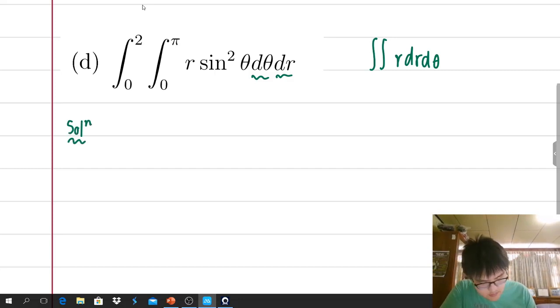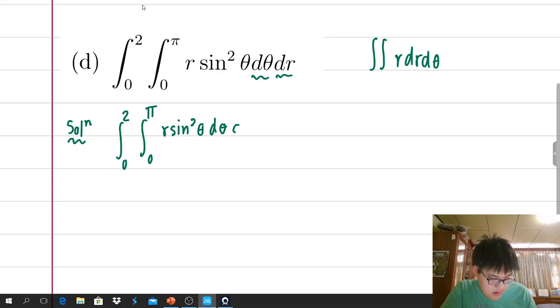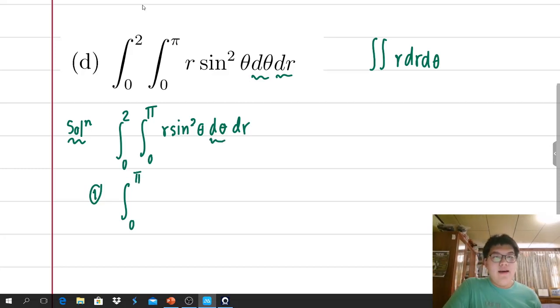Solutions: integral from 0 to 2 of the integral from 0 to pi of r sine squared theta d theta dr. Then we consider the inside first, 0 to pi, with respect to theta, which means the other variable, r, becomes a constant.